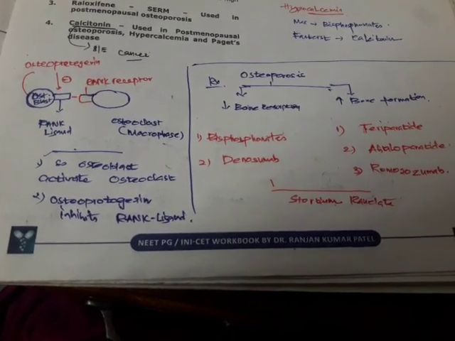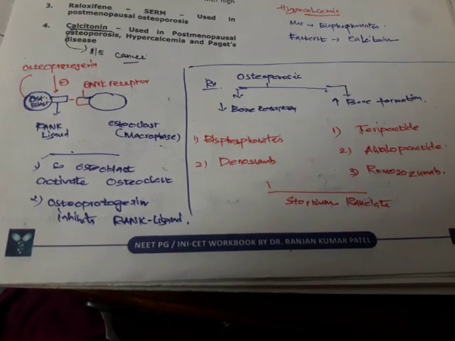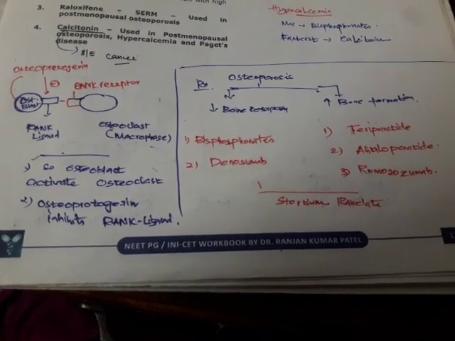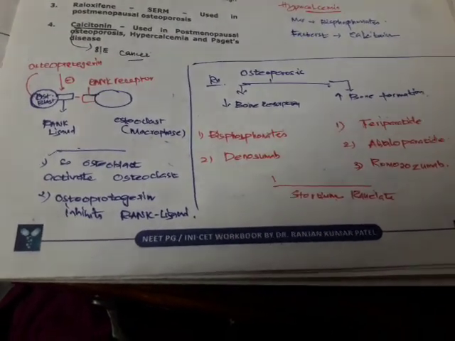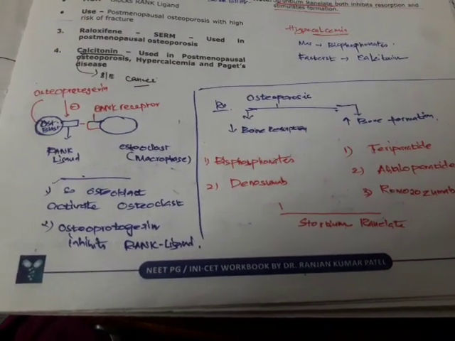And also in hypercalcemia of malignancy. If you are not destroying the bone, there is no calcium release, right? So in hypercalcemia of malignancy we also use bisphosphonates. The main side effect is esophagitis.